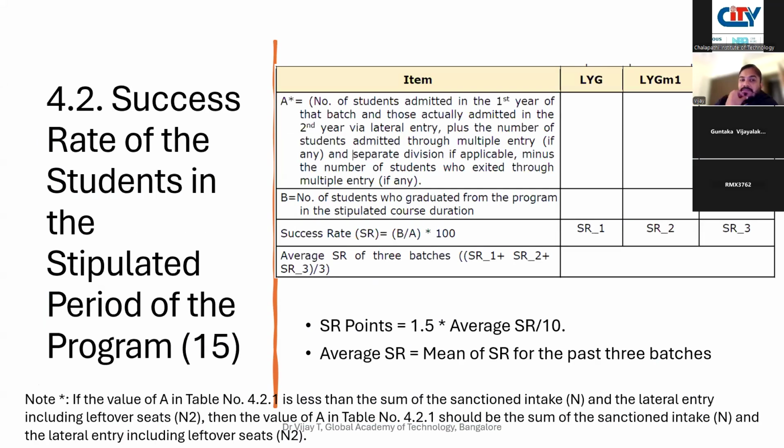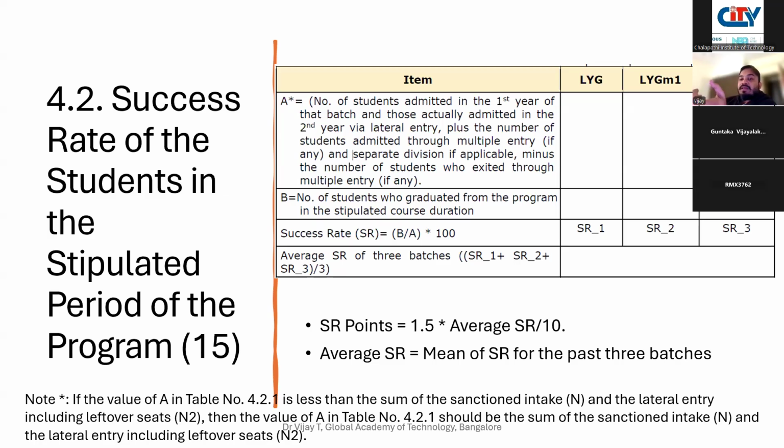So, one example. Success rate of the students for years 1, 2, and 3 has to be taken here: total number of students admitted to first year and actually admitted by second year, and number of students who graduated from the program in the stipulated course. This is also with respect to backlog. If a student, say in second year or third year, has a backlog, and by the final year has completed everything and graduated, then such a student is a successful student.